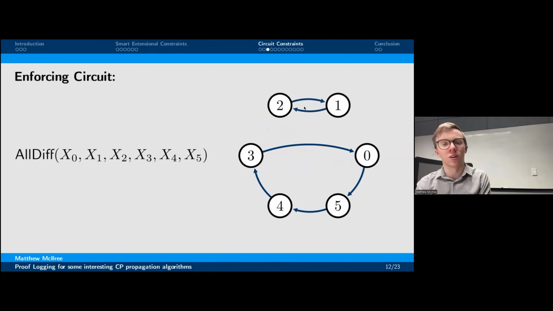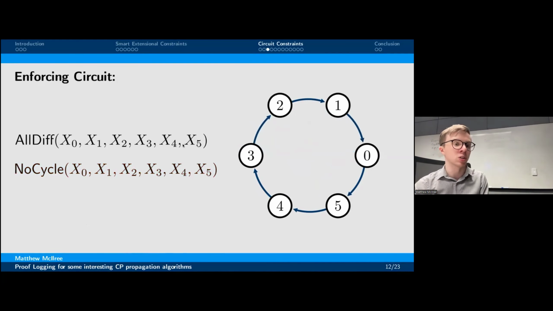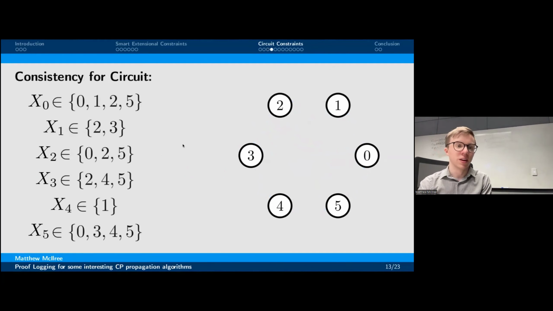But this still does not disallow situations like this where you have subcycles, which are not allowed by Hamiltonian circuits because you have to visit every variable. So effectively, to enforce circuit, we already know how to propagate and proof log all different. The problem here is propagating and proving this no subcycle constraint, which is the NP hard part incidentally as well.